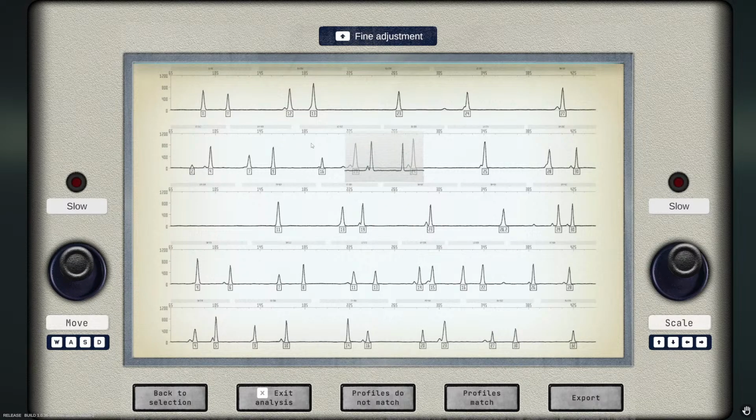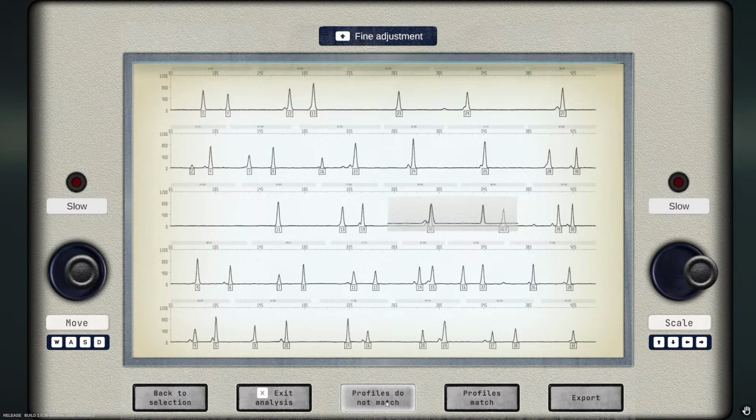The second one does not spike up. Huh, could it be this one? I wonder. No. No, it's too far. Too far. Okay, no match.